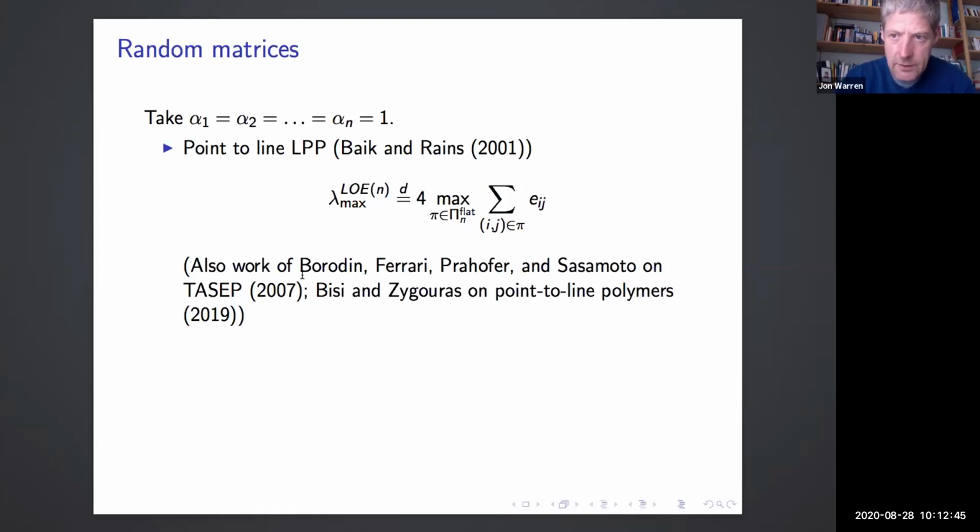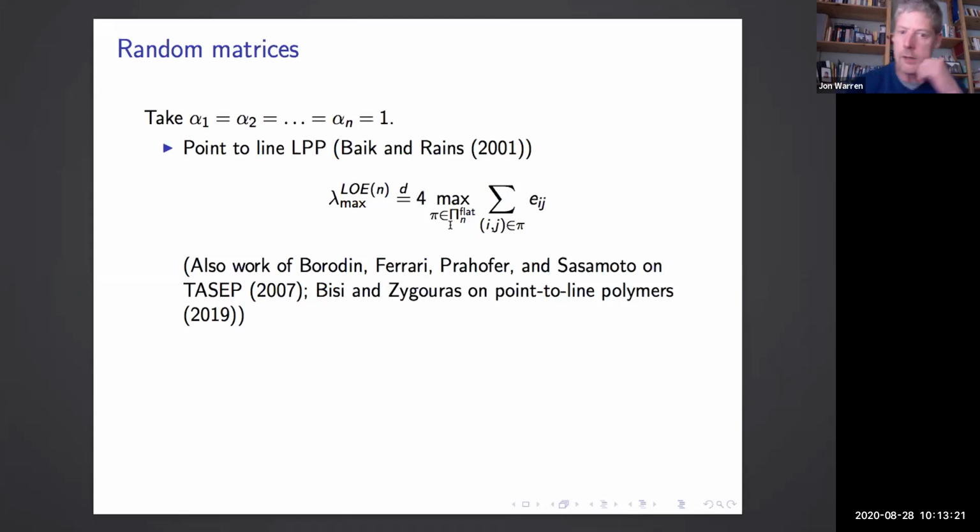If you start the initial conditions with the spacing being 1 particle, then a space, then 1 particle, then these point to line last passage times actually describe the times for particles to move certain distances in that model. And then there's also some recent work by Nikos and Elia at BC on point-to-line polymers, and I'll mention polymers a bit later, which includes calculating the distribution of this in a new way.